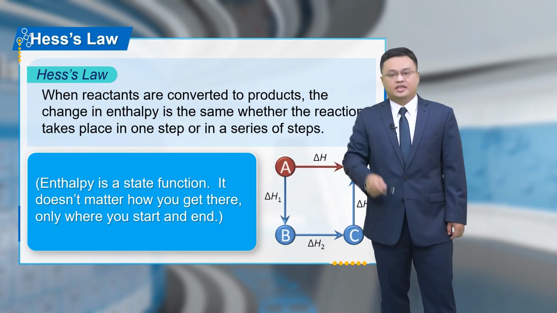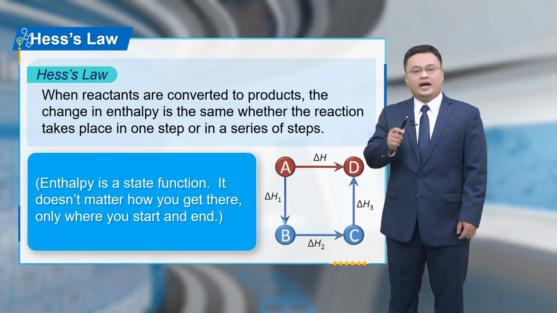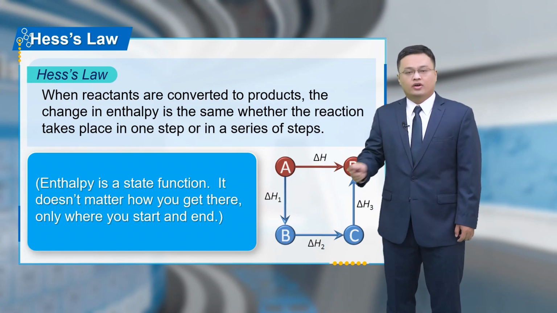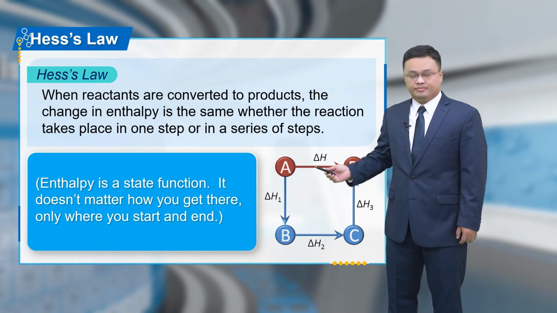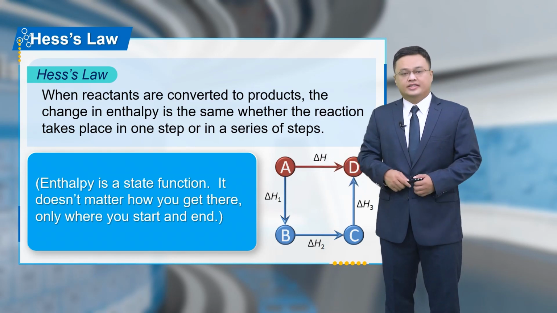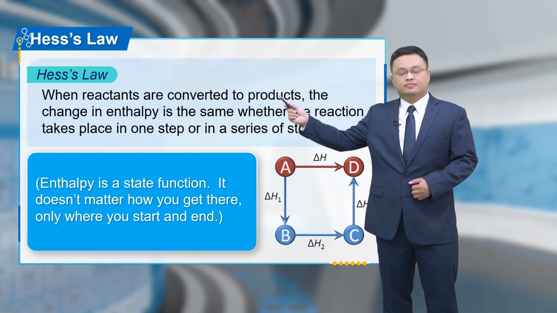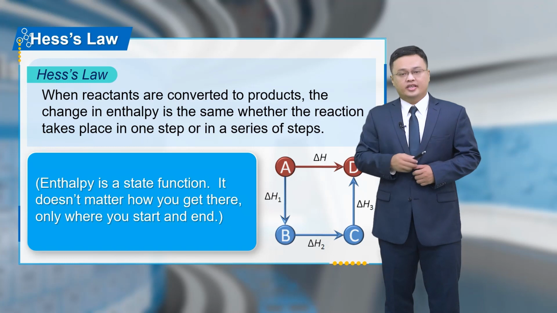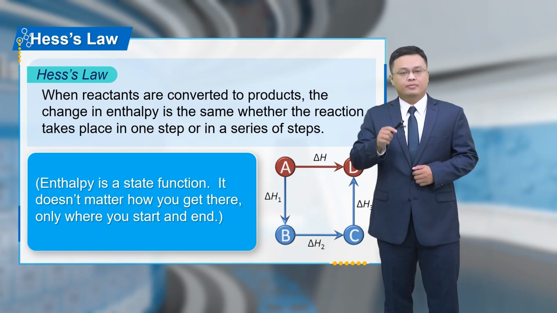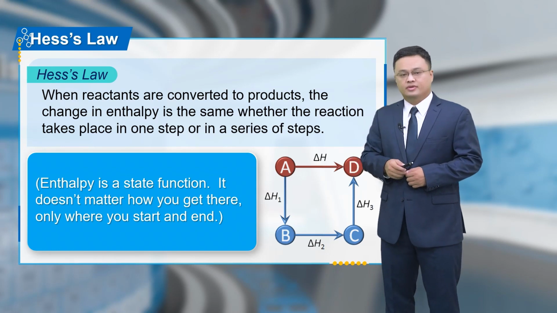Enthalpy is a state function. It doesn't matter how you get there, only where you start and where you end. So Hess's law is that when reactants are converted to products, the change in enthalpy is the same whether the reaction takes place in one step or in a series of steps.